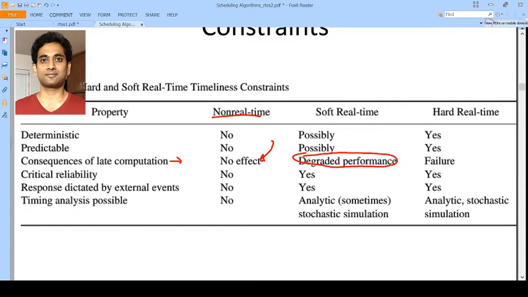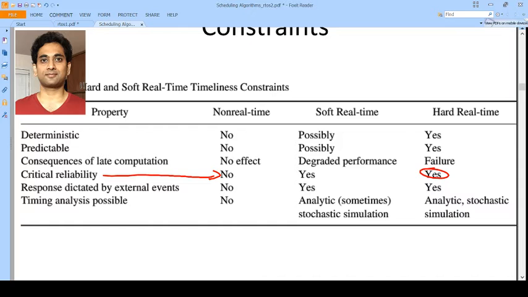But in a hard real-time system, that constitutes a failure of the system. Now, in terms of critical reliability, non-real-time systems are not reliable. Soft real-time systems, they are reliable, and hard real-time systems, they are very reliable.